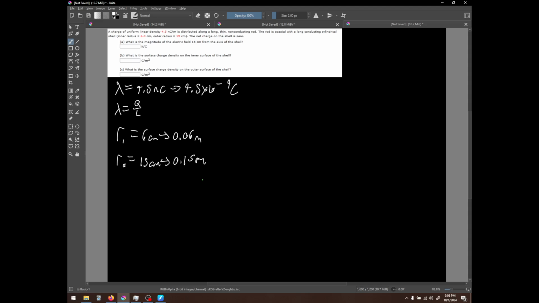I want to know what's the magnetic field. Is the magnitude of the electric field 15 centimeters from the axis of the shell? Boy.